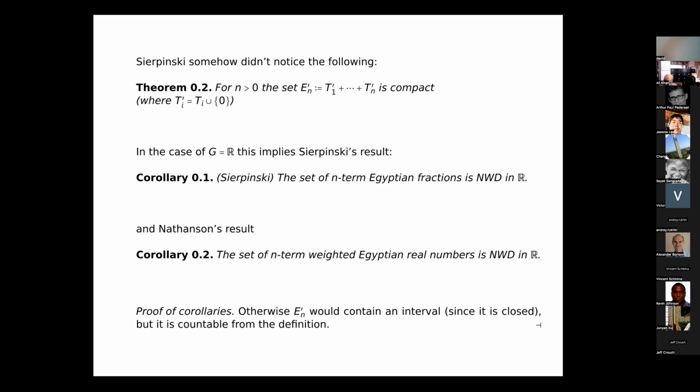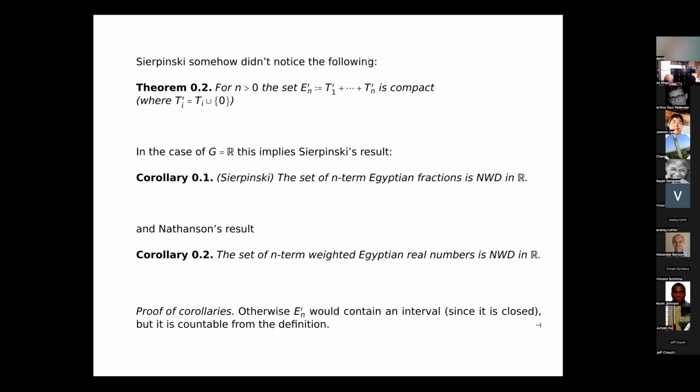And once you know that's compact, it easily implies that the set of n-term Egyptian fractions is nowhere dense. And also that the set of n-term weighted Egyptian real numbers is nowhere dense, because if one of those subsets of the reals was not nowhere dense, then this compact set would have to contain an interval because it's closed.